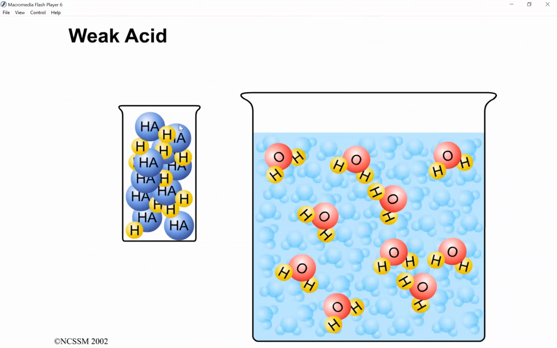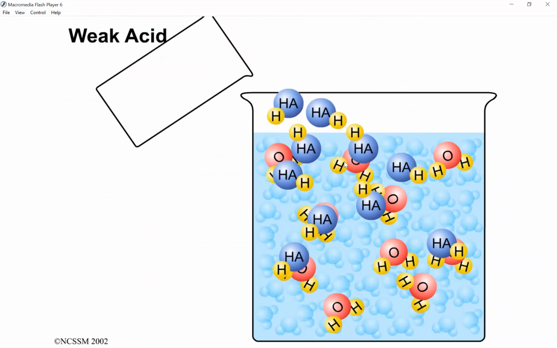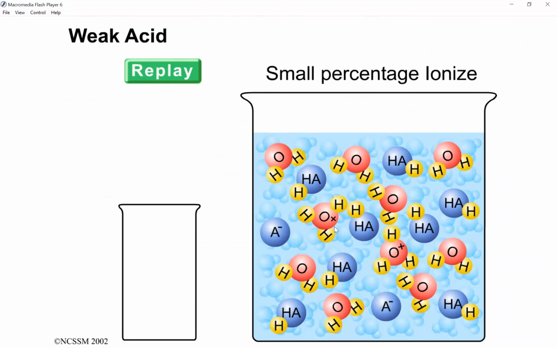For a weak acid, when they are mixed, the acid molecule donates very little hydrogen to water. So what you have is, it says here, a small percentage ionized. Notice very little ions in solution.